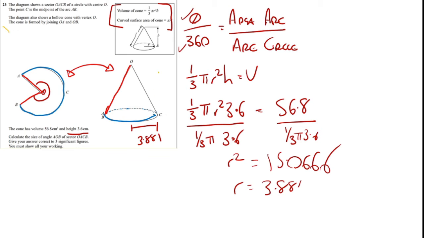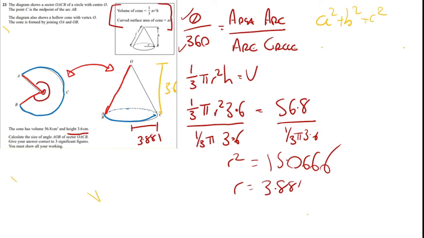Now I've got my radius. I actually know the height as well, because it is 3.6, and I can use that now to work out the diagonal. I've got to use Pythagoras. So it's a squared plus b squared equals c squared.